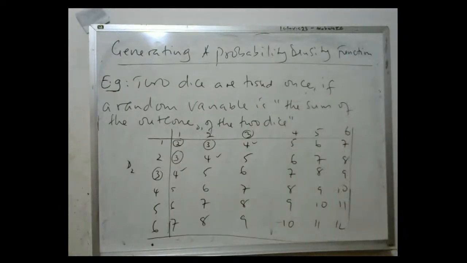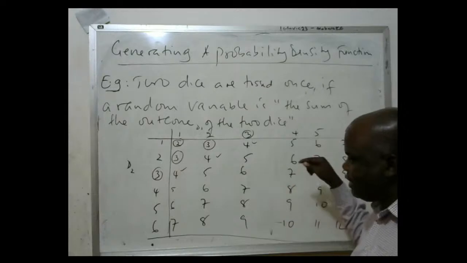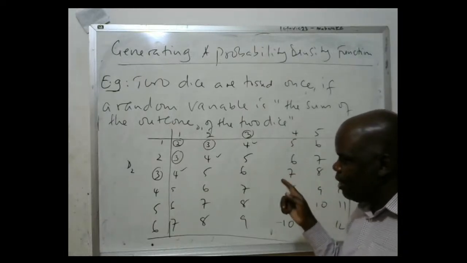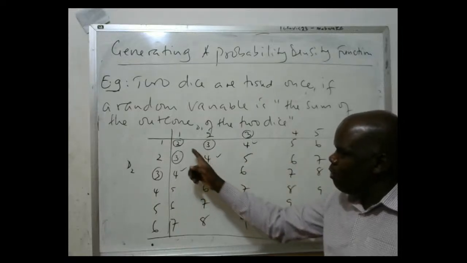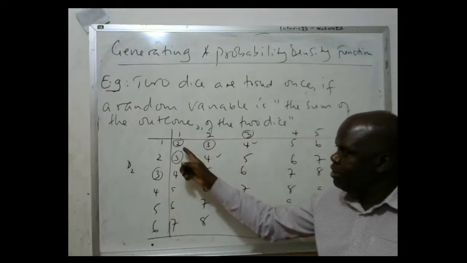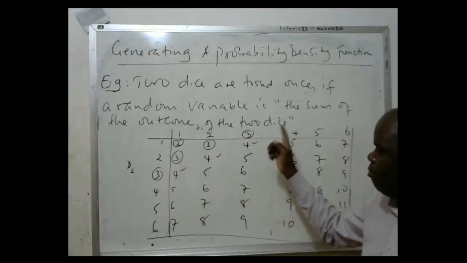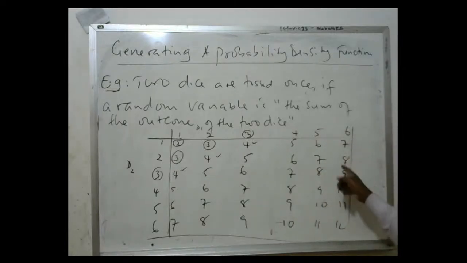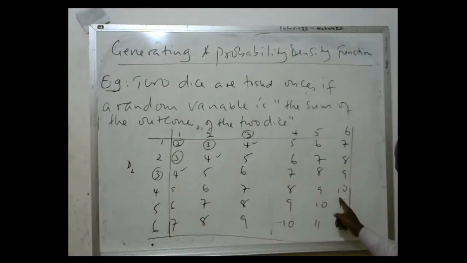So we want to generate a probability density function for this. Now, the question therefore is, what do we do? Since our outcome is the sum, that means we must work out the probability of each outcome here. The probability of getting a 2, a 3, a 4, a 5, a 6, a 7, an 8, a 9, a sum which is 10, and the probability of getting 11.